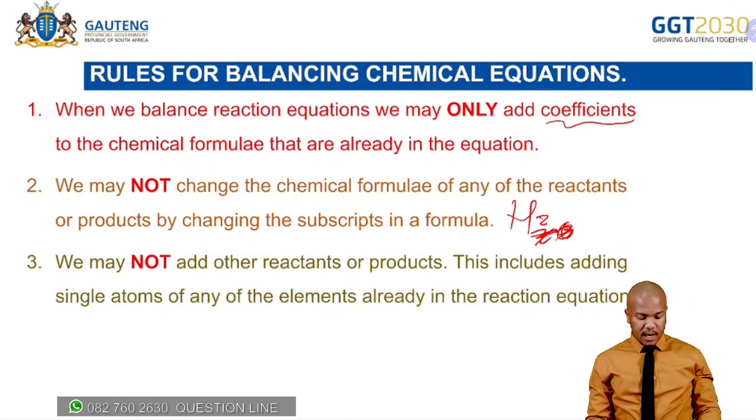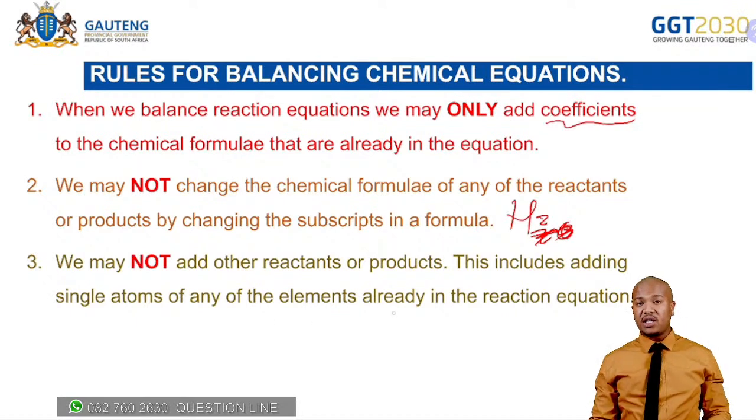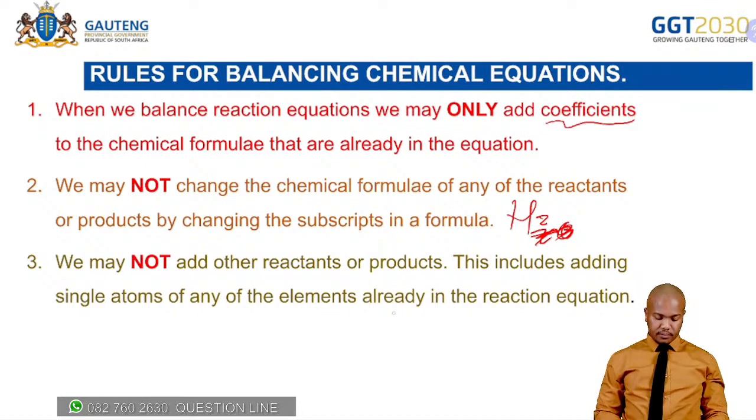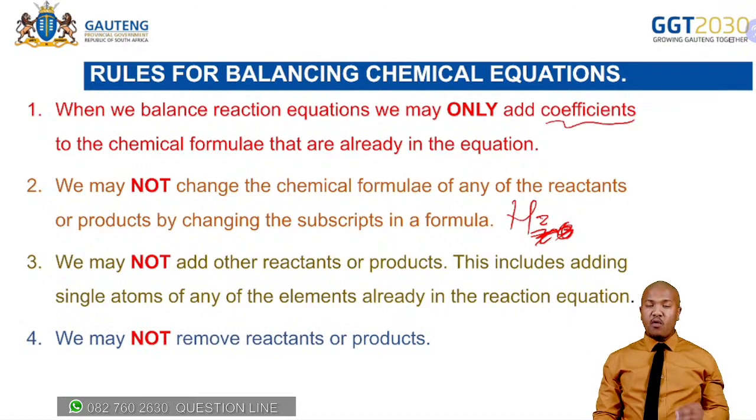Third, we may not add other reactants or products. And this includes adding single atoms of any of the elements already in the reaction equation. Lastly, we may not remove reactants or products.